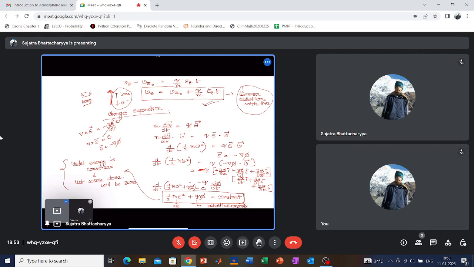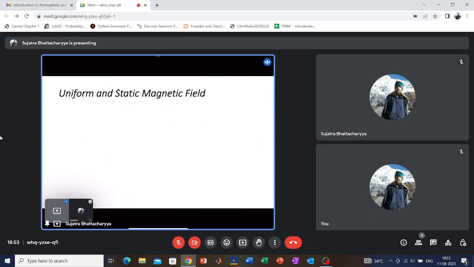But in the case of a uniform static magnetic field, there will be more derivation, and we will see expressions for things like the radius of gyration and cyclotron frequency. Okay, just a minute.